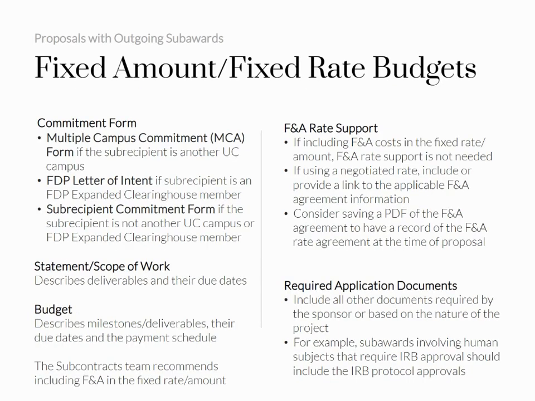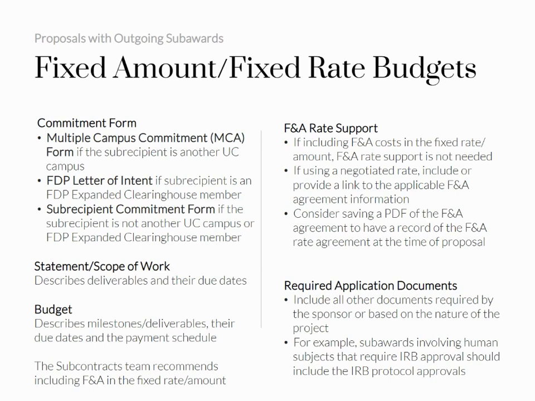When submitting proposals that include an outgoing subaward with a fixed amount or fixed rate budget, collect the appropriate commitment form: the MCA if the subrecipient is another UC campus, the FDP letter of intent if the subrecipient is an FDP expanded clearinghouse member, or the subrecipient commitment form if the subrecipient is not another UC campus or FDP expanded clearinghouse member.